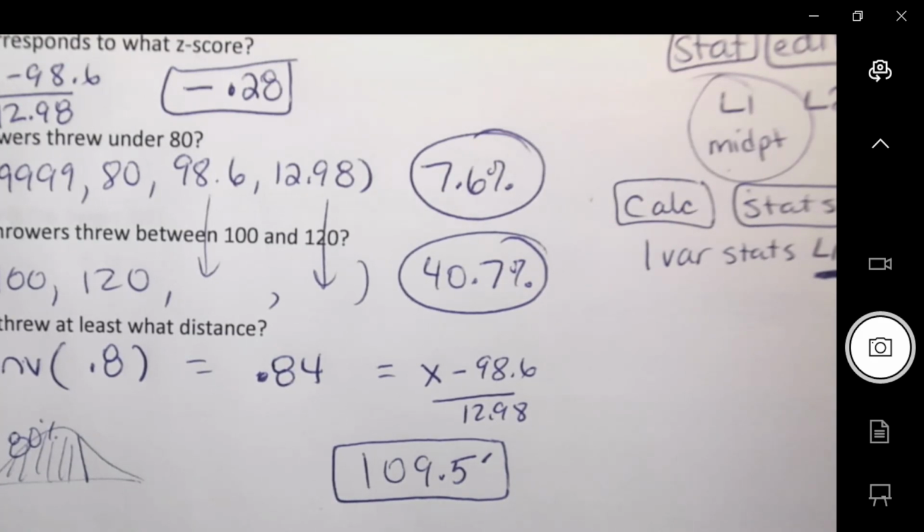Okay, and then convert it to a discus throw using the Z formula. Okay, must-haves on your cheat sheet: Z score, given a percent, to get a percent, stat edit instructions. What else can we think of? I think we got lots on our cheat sheet now.